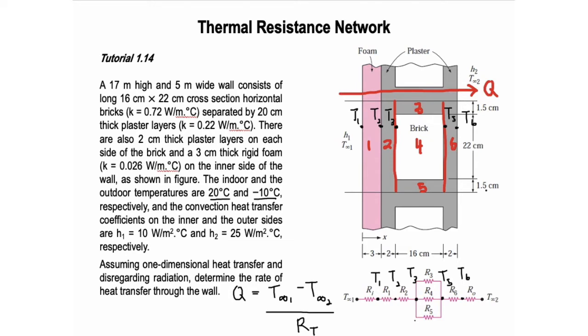Okay, so we calculate per unit width because cross-sectionally it does not change. Okay, it's gonna be foam, plaster and brick, the same for the whole width. Okay, so you can calculate per unit width. So let's say if the width is 5 meter, you just multiply with 5 later on.